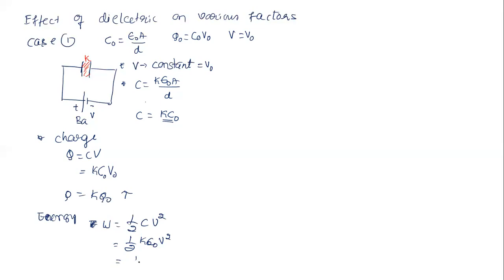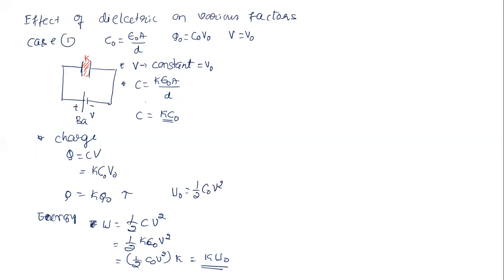So it will become 1 by 2 C naught V square into K, which is K times U naught, where U naught is the initial energy stored. So the energy stored also increases.